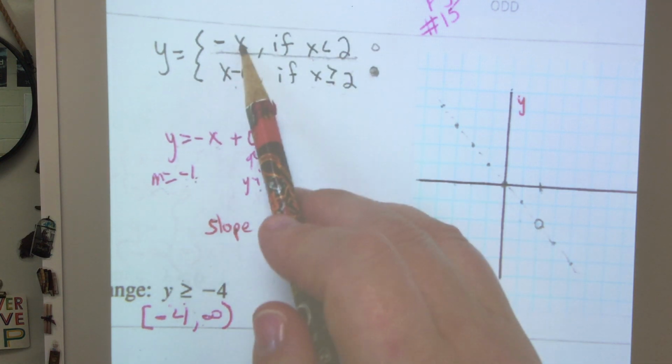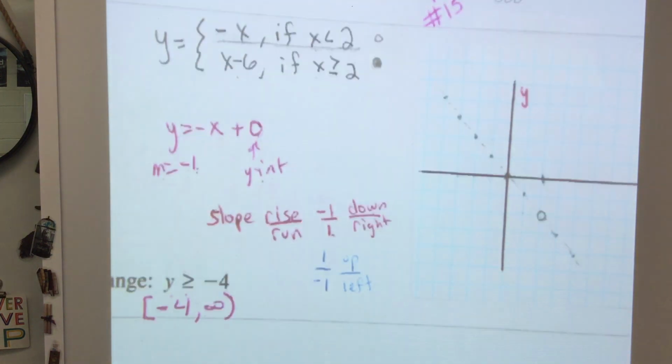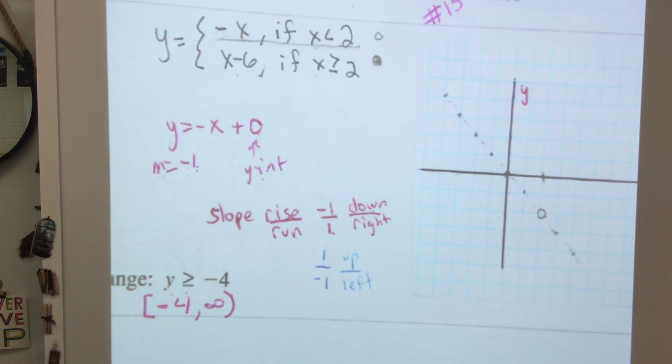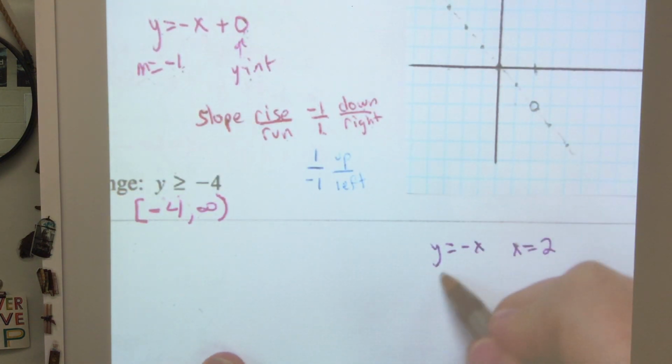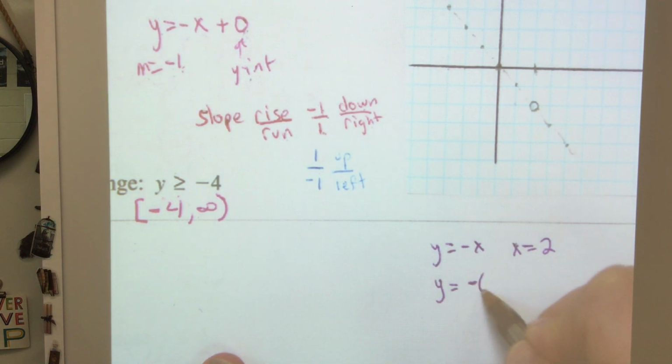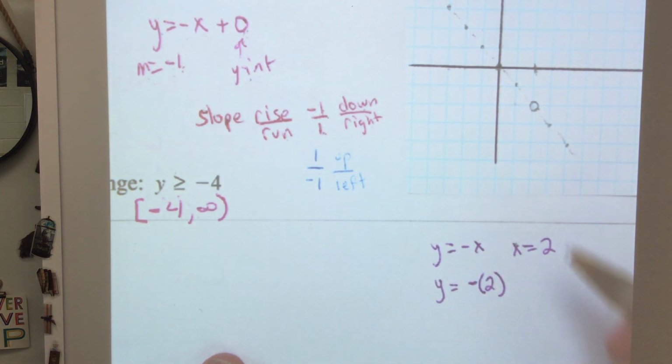I will do this one in a different color, purple. So I have y equals negative x, and I'm going to plug in, let's say x equals 2. So y equals negative 2. And yes, that's where it hits.